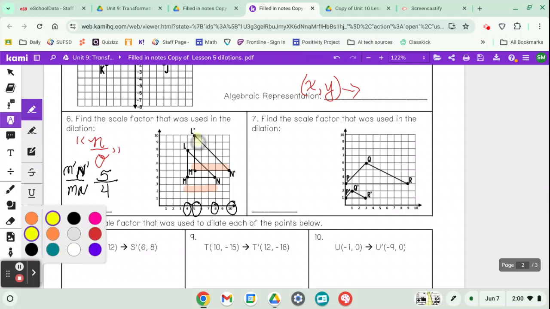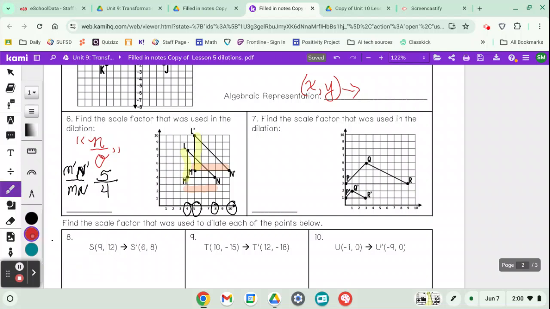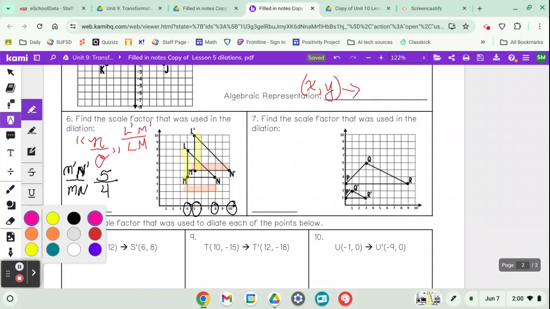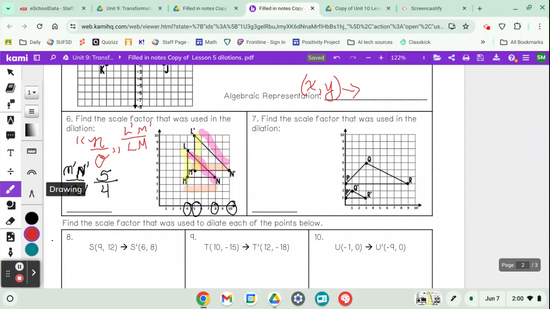Just because I don't trust my counting, I'm going to look at corresponding sides. L prime M prime over LM. Now we aren't able to use the hypotenuse sides at all, so we're just going to ignore that altogether. We're not going to use Pythagoras. We probably would have irrational side lengths anyway.